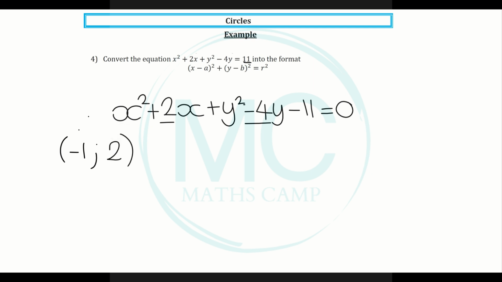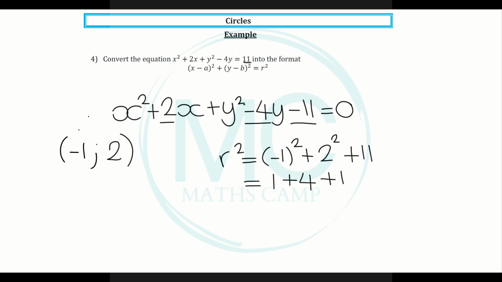I can use these values to find r squared. So I can say r squared is equal to negative 1 squared plus the y-coordinate, 2 squared, minus the constant in the equation, which is 11. So I can say minus negative 11. Now I have 1 plus 4 plus 11 is equal to 16.